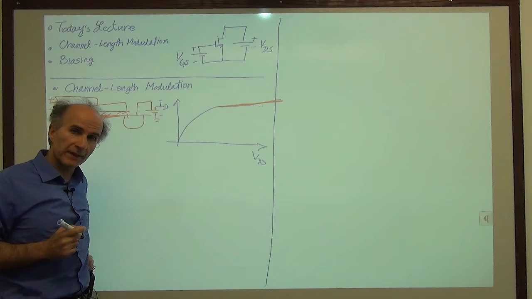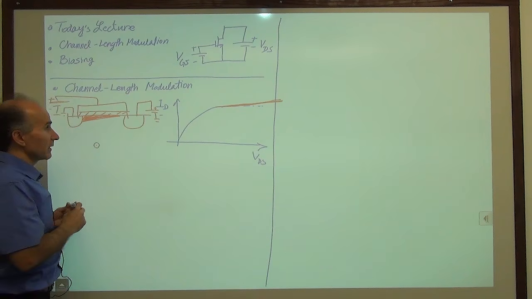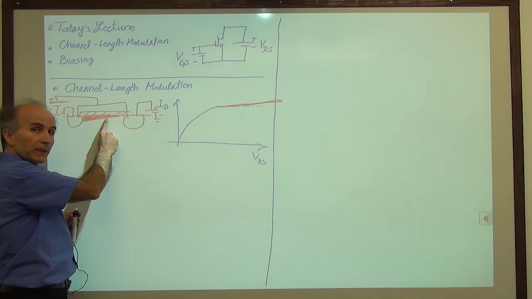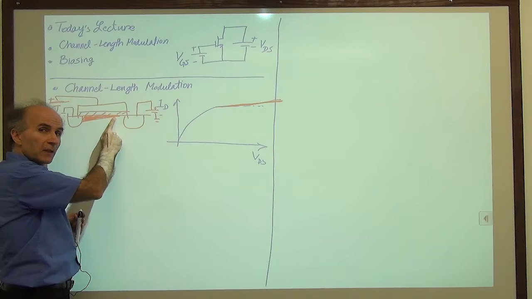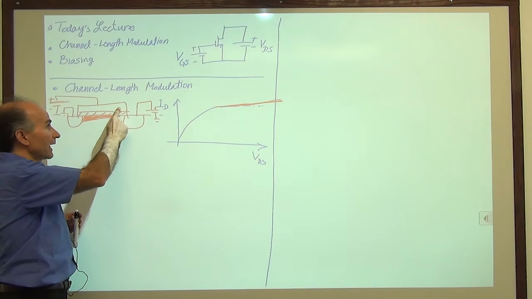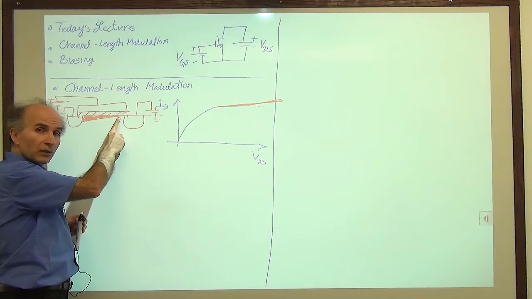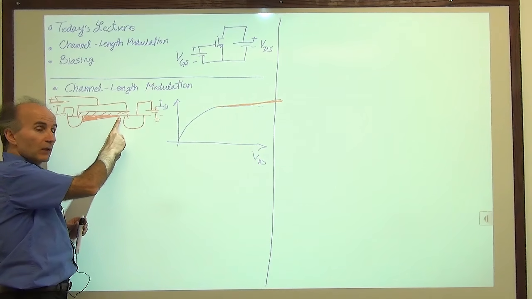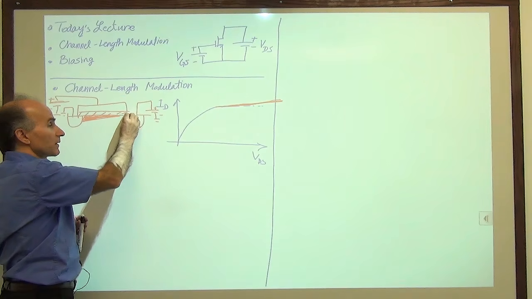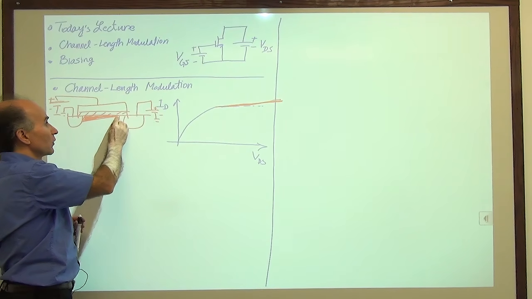Well, if you remember last time we said that because this voltage is higher, this point has to move back a little bit. Because this point happens where the voltage difference between the gate and the local potential is one threshold. So if I increase this voltage, which means in this vicinity I'm increasing the voltage, this point has to go back.